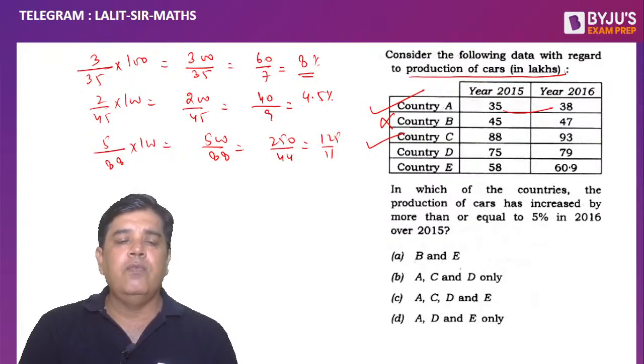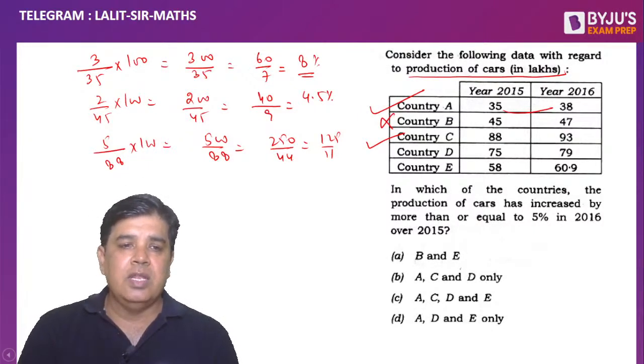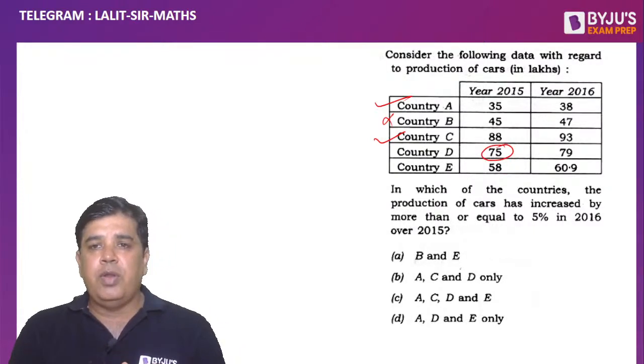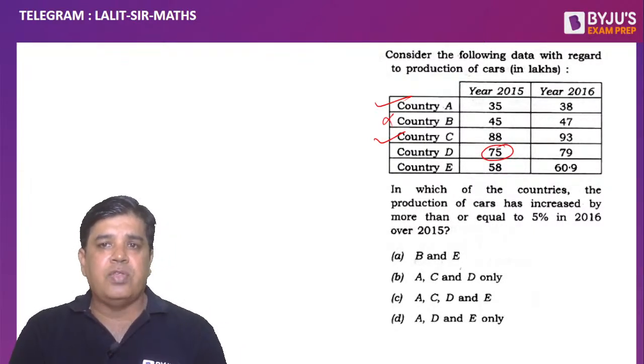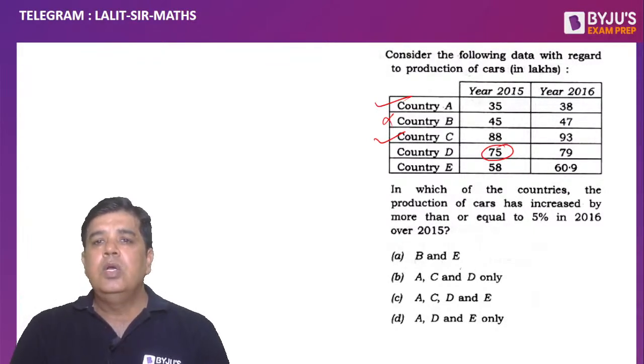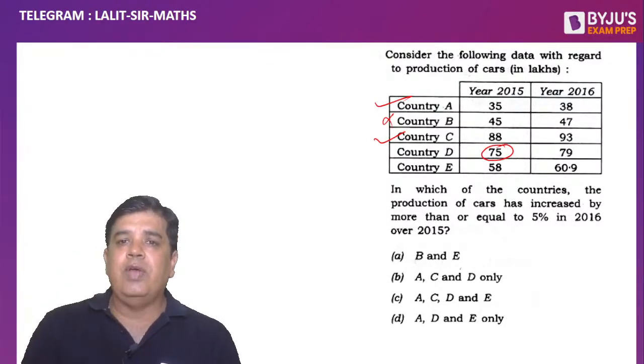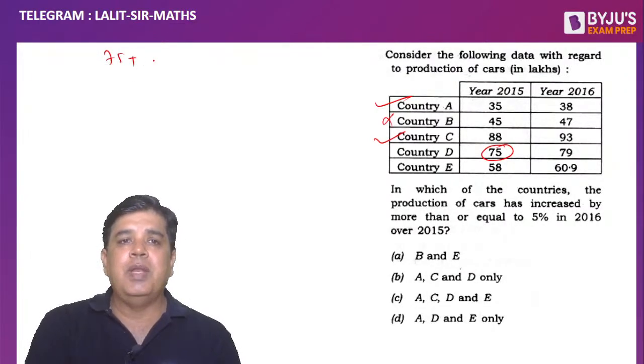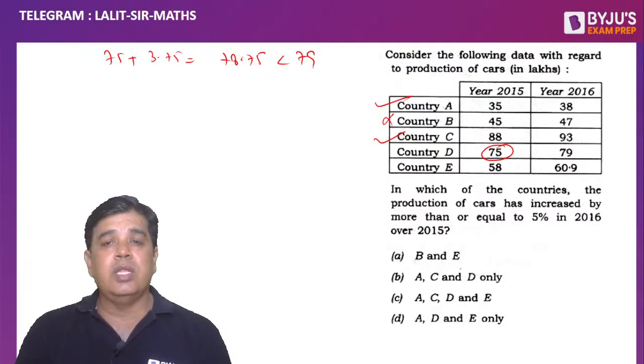Okay, there is one more way of checking this increment, students. See with me, let's say A, B and C are done. See what is 10% of 75? It is 7.5. 5% will be half of 7.5, right? So try to add that value to 75. Means 75 plus 3.75, 78.75, and we have 79, which is more than 5%.